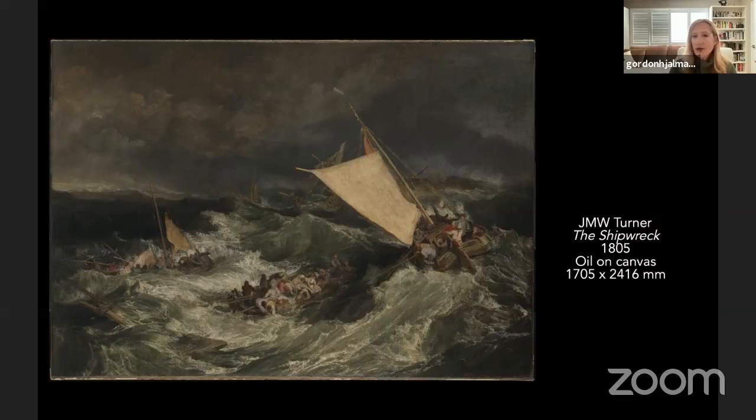We do not know if Turner read about a shipwreck or just imagined that this might have occurred. But we know that he was very taken up with this type of activity. His brushstrokes are more gestural, more painterly, not in any way neoclassical, very romantic. If we could go to the next slide, please.